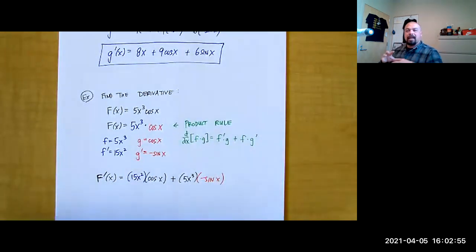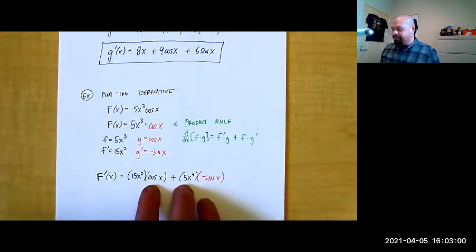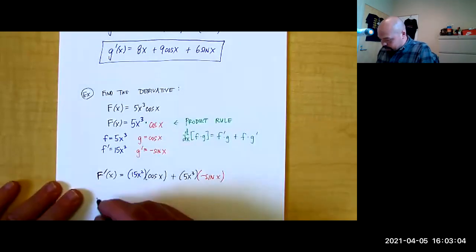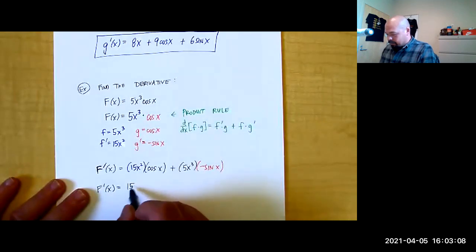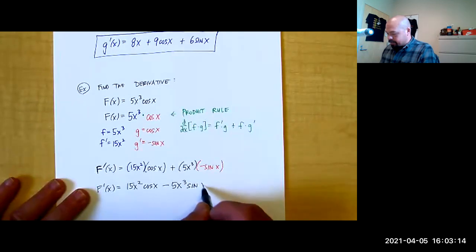Okay, so just kind of really trying to make those derivatives jump out. The original function, I'll leave in black ink, but it's still that combination of those components. So f prime, 15x squared cosine of x, minus 5x cubed sine of x.